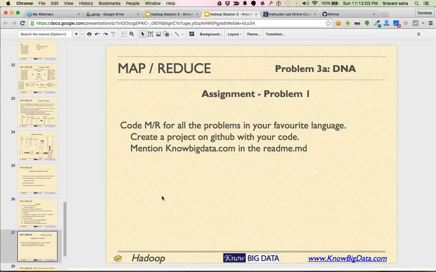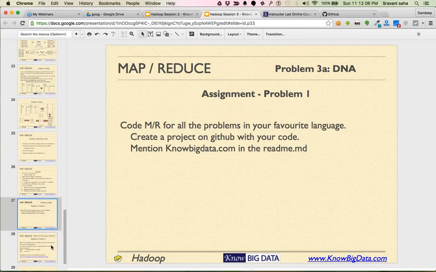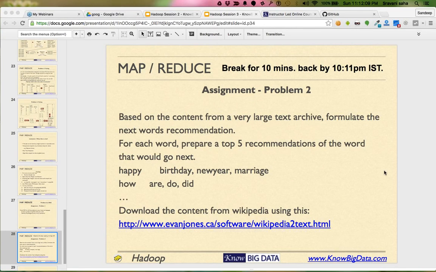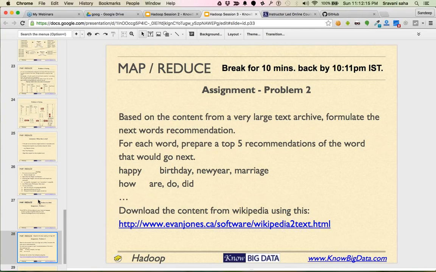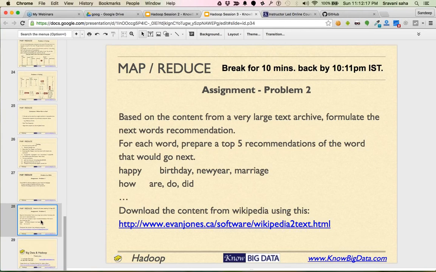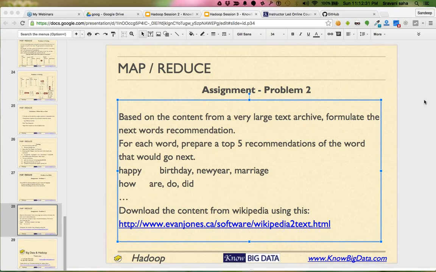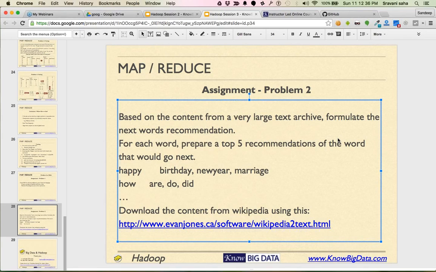So that was about our MapReduce. There's another problem I want to discuss. Based on the content from a very large text archive, formulate the next word recommendation, and for each word prepare the top 5 recommendations of the word that would go next.